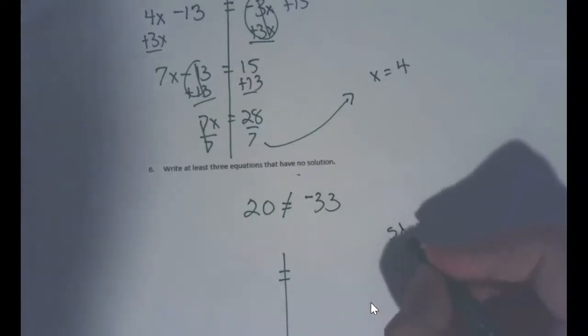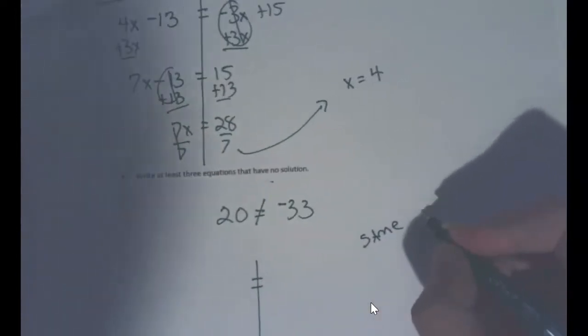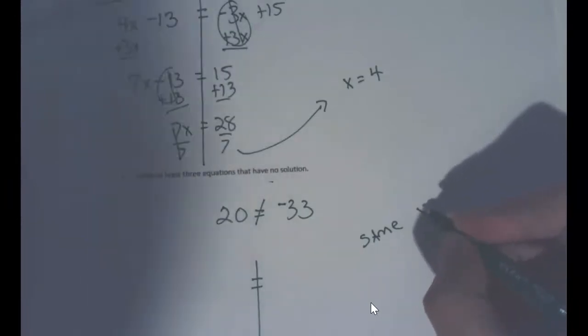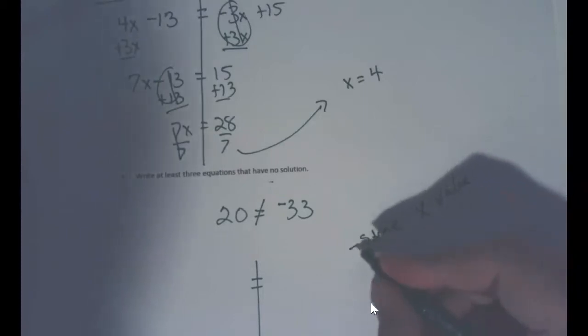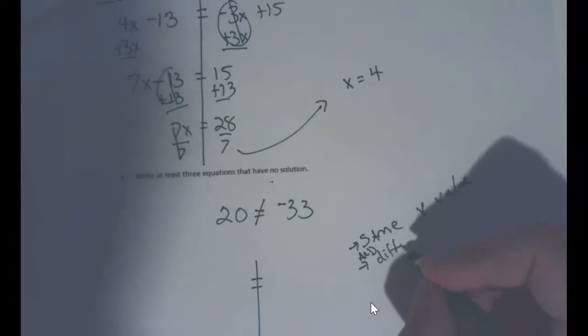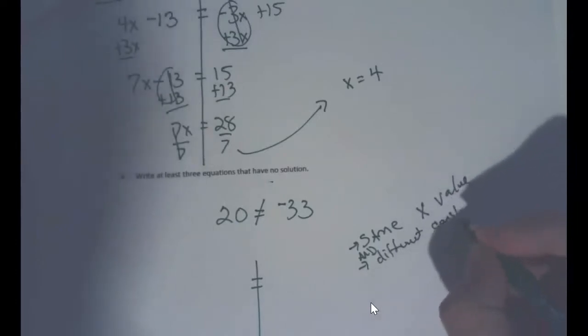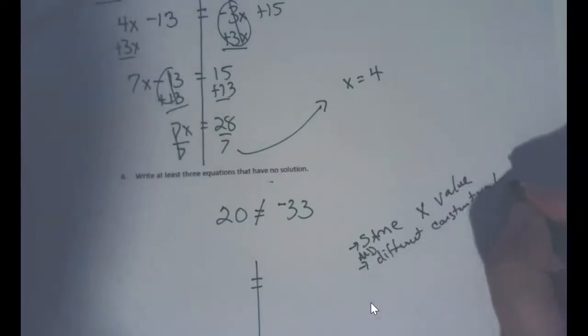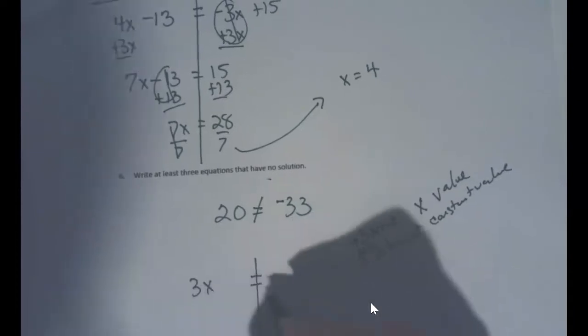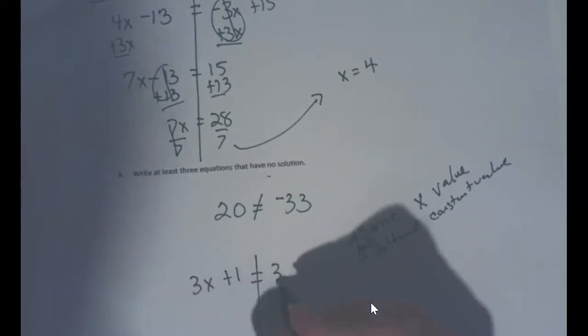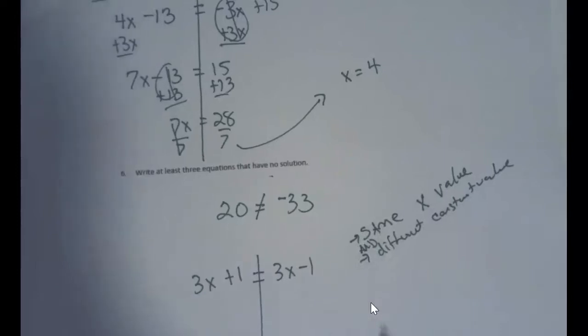They need to have the same x value and a different constant value. So it could be like 3x plus 1 equals 3x minus 1.